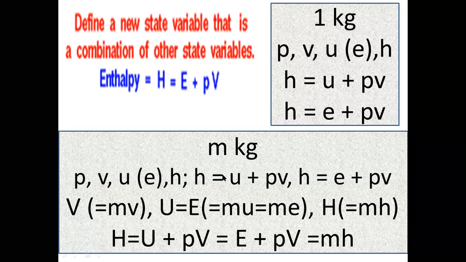For m kg, V is m times v, U is m times u or m times e, and H is m times h. So this becomes H equals U plus PV, and that is H.